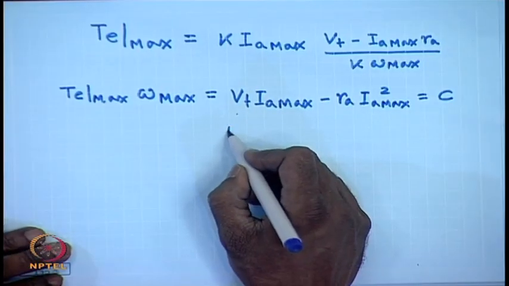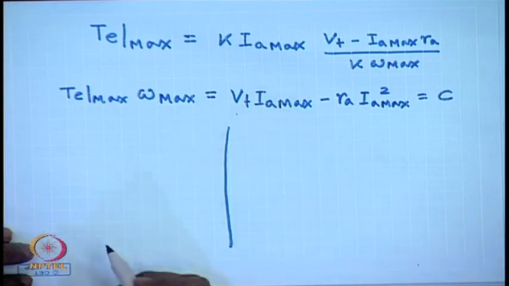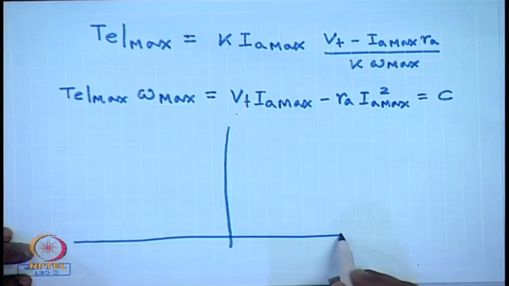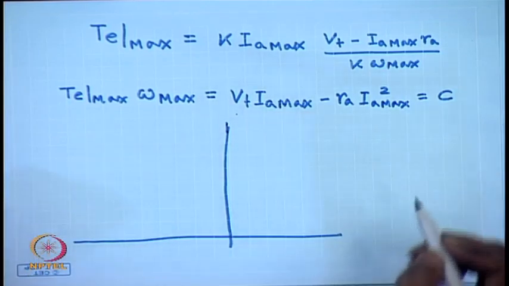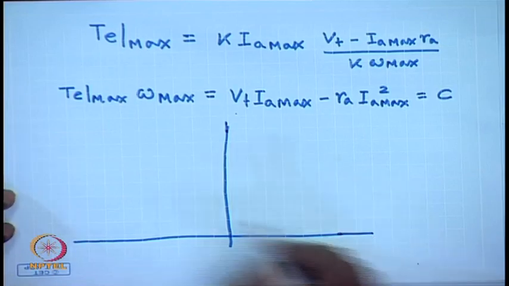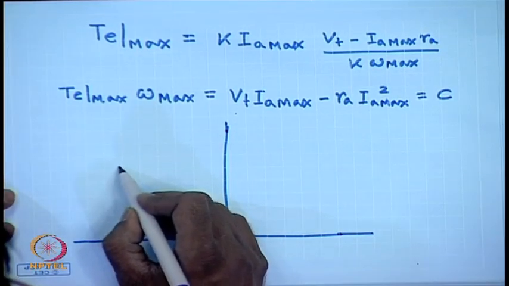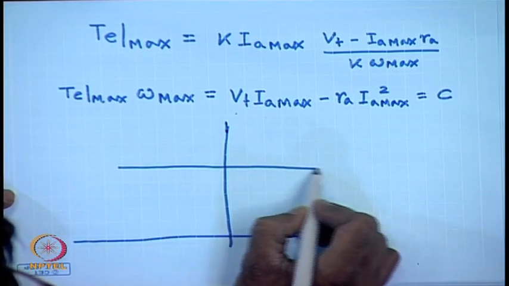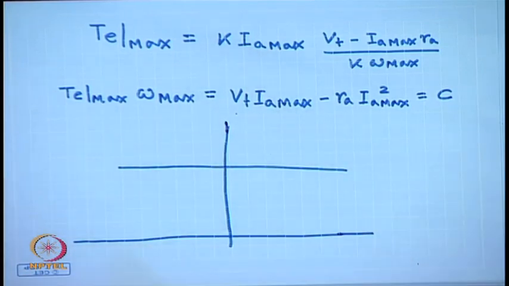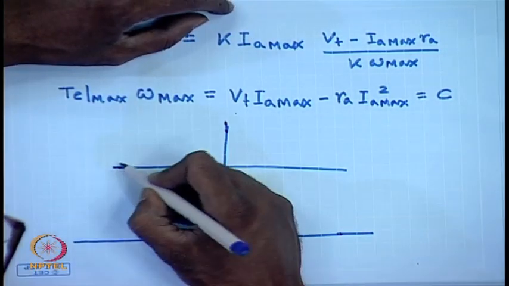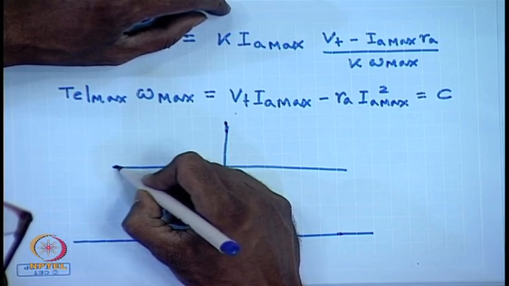So, when you reduce field flux, it turns out that within the given armature current limit, the maximum mechanical power that you can develop, either in the motoring or in the generating mode, is constant.